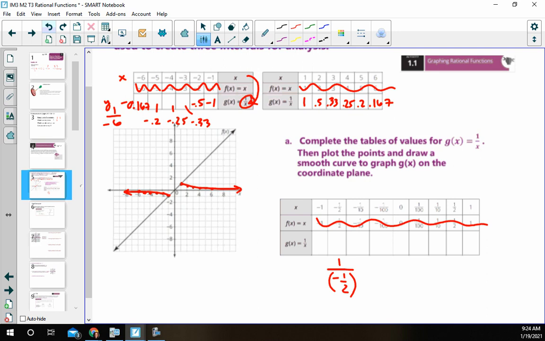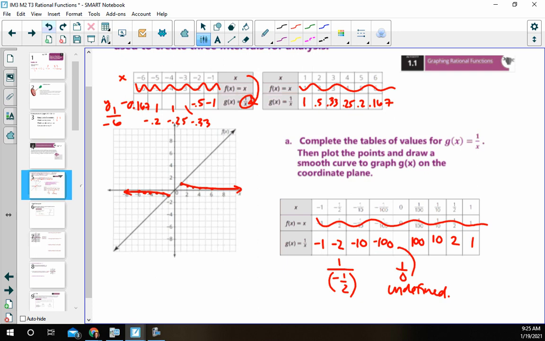So 1 divided by 1, this is negative 1. 1 divided by negative 1/2 in parentheses is negative 2. This should get me negative 10, negative 100. 1 divided by 0 is undefined. We will not be able to graph it because there's an asymptote there. These are all just going to be the positive values of what we just did. So negative 1, we already have our dot.